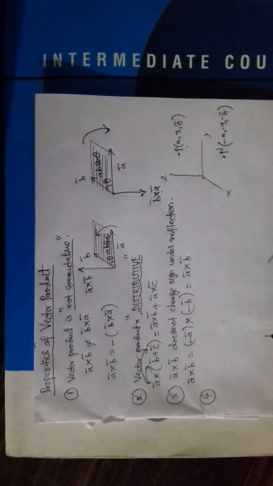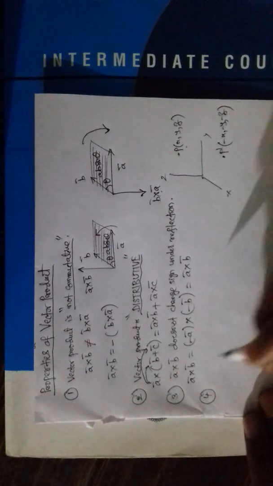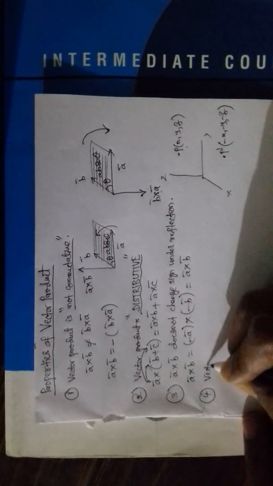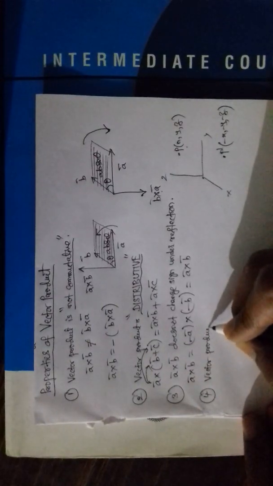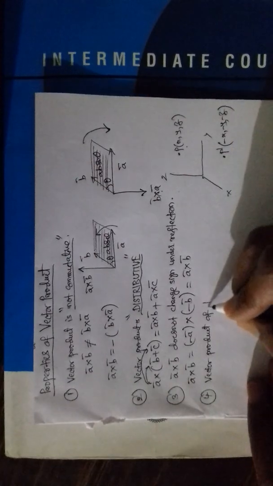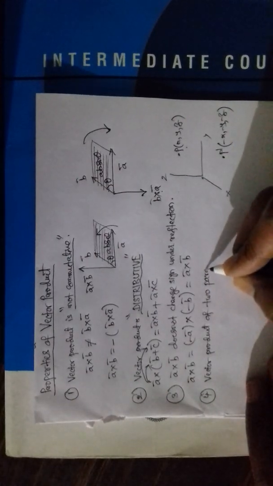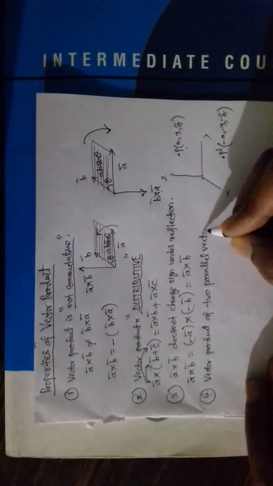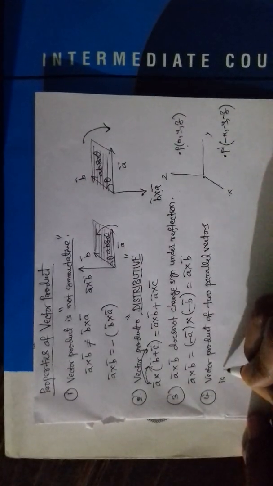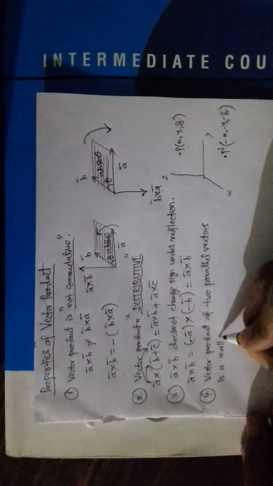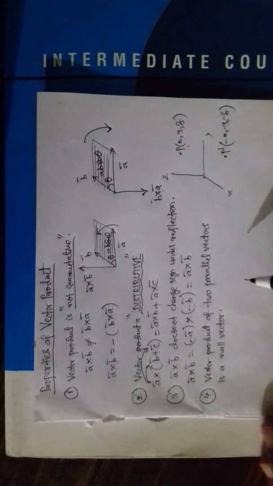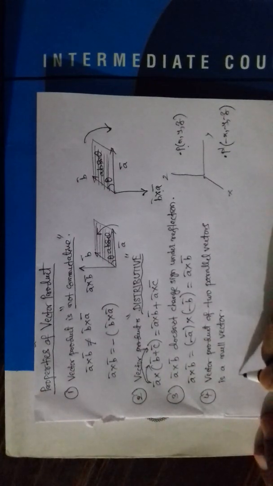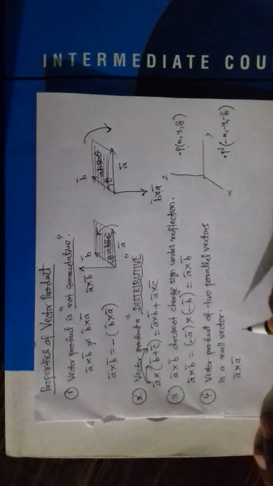Fourth one. Vector product of two parallel vectors is a null vector. See, for example, A cross A. Same vectors, so they will be parallel to each other.